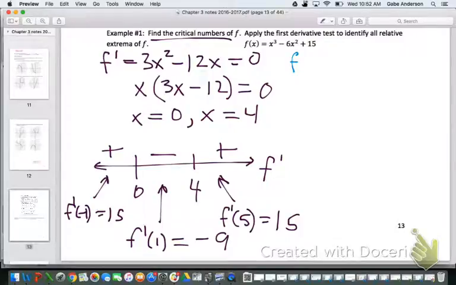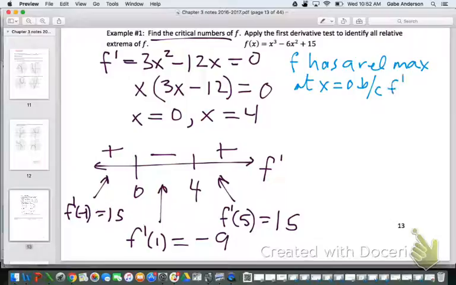I'm saying f has a relative max at x equals 0 because f prime changes from positive, you can abbreviate if you want, like pos, P-O-S, to negative, N-E-G, at x equals 0. So that would be a way to conclude things, right? So that's a conclusion tied in with a justification.